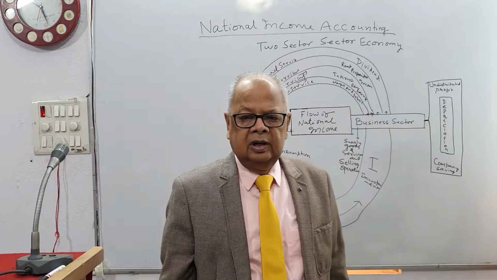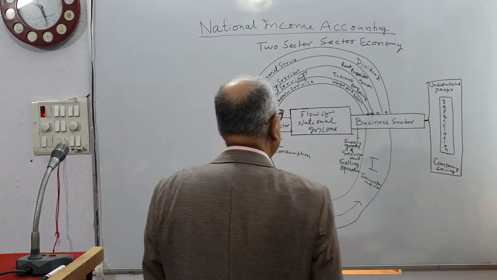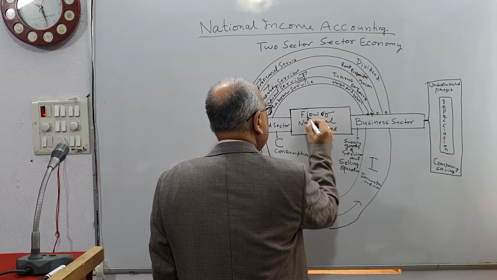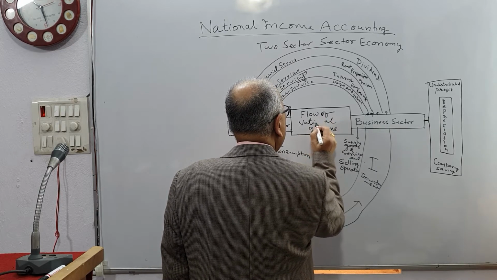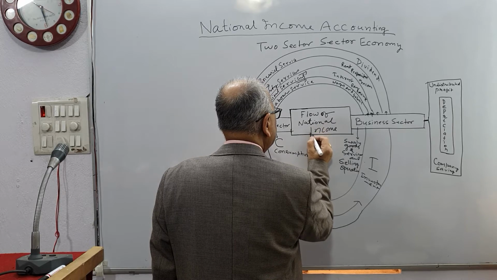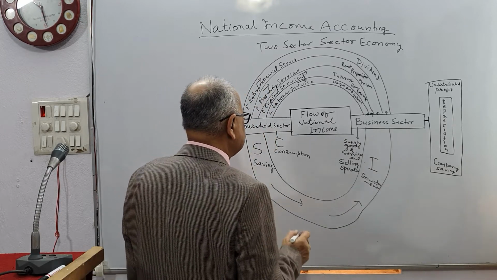So in the economy, what we see is that saving will flow from the household sector to the business sector, and this will be received by the business sector, which will produce goods and services, and selling operation starts.